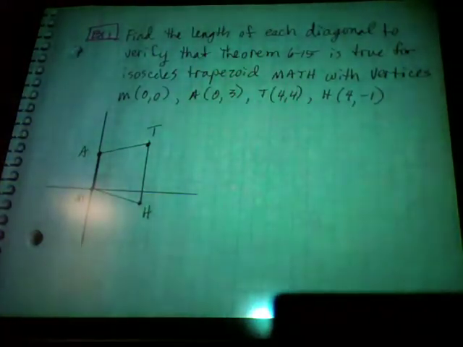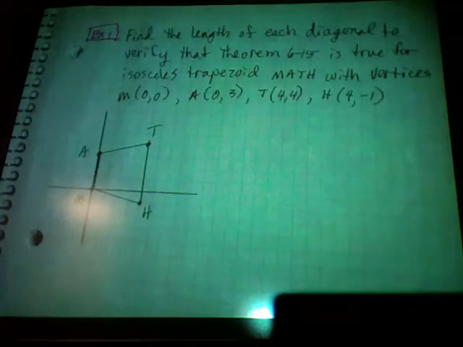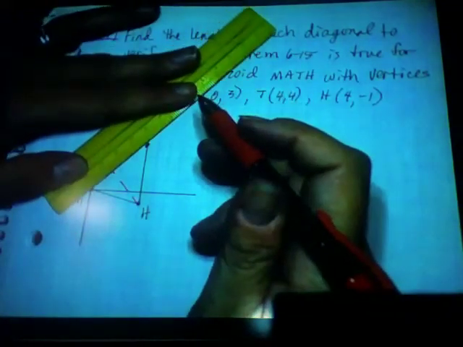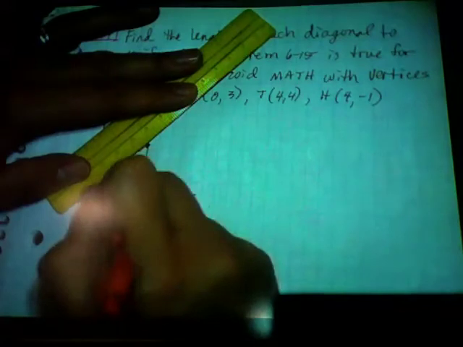Does it appear to visually look like a trapezoid? Okay. The directions say find the length of each diagonal. So we have to find the length of this diagonal from A to H and this diagonal from M to T.